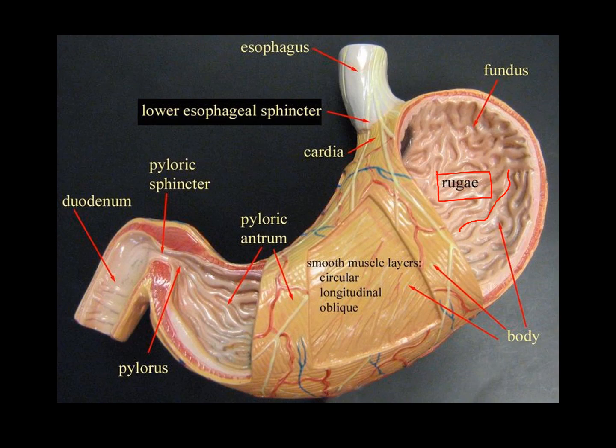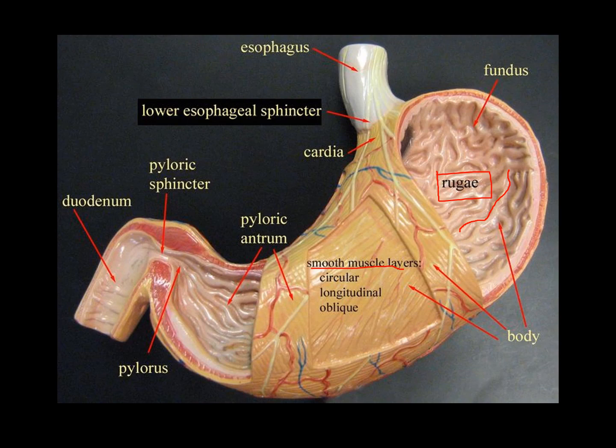And another thing we haven't talked about, but will talk more about in lecture, is the smooth muscle. The walls of the stomach are essentially one large muscle, actually three layers of muscle. So the stomach is just a big muscle pounding and squishing all the food inside for digestion.